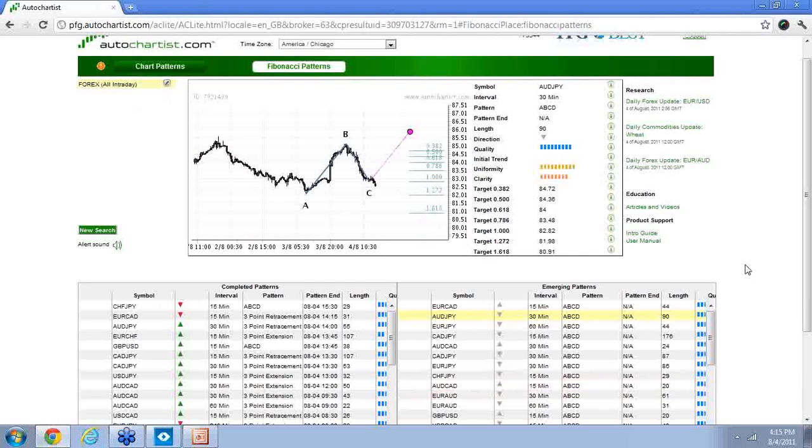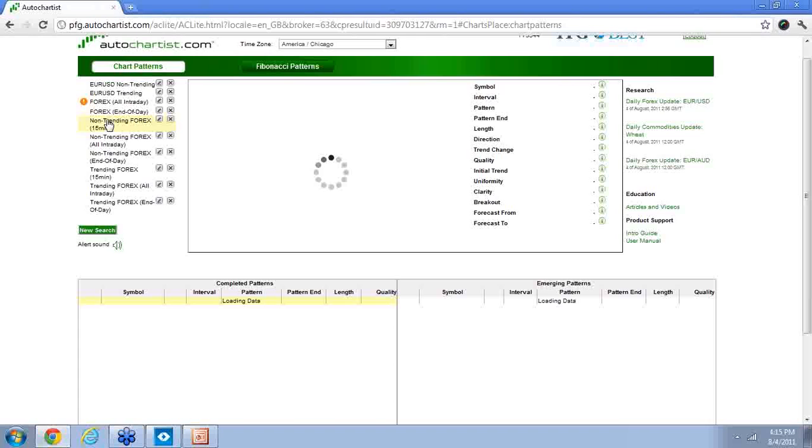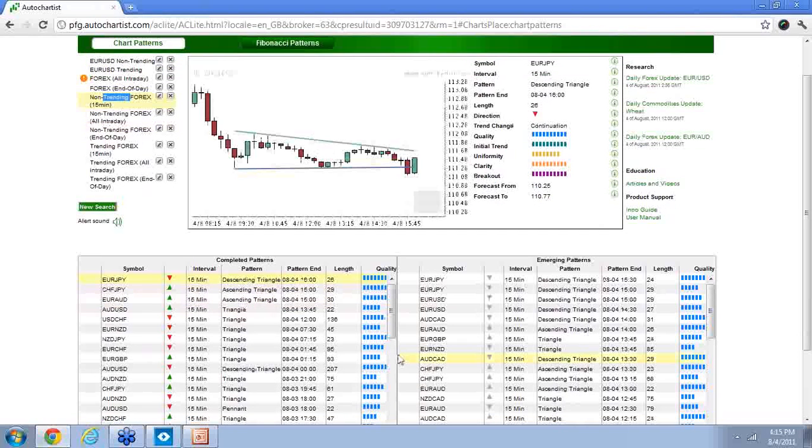All right, now getting back to the chart pattern section here. When I did filtering, I usually filter on non-trending and trending patterns, which are covered at a later seminar. I showed you how to filter using an individual market. Here's an example if you wanted to filter using individual time. You can see that only 15-minute chart patterns were going to come up.